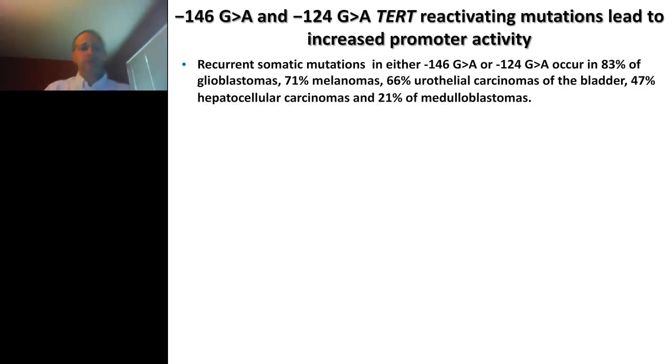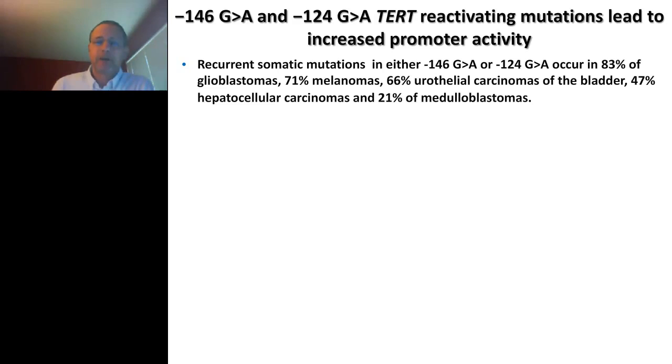So the TERT promoter and mutations in it are actually extremely common in some types of cancer. So mutations in either position minus 146, a G to A change right here, or mutation in position minus 124, a G to A mutation there, either one of these are extremely common in some cancers.